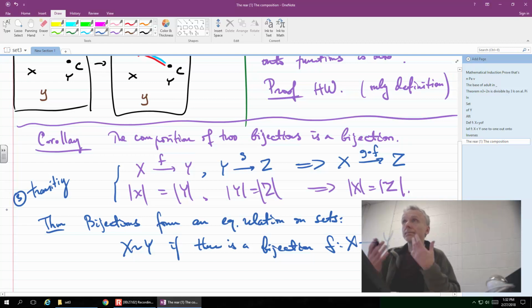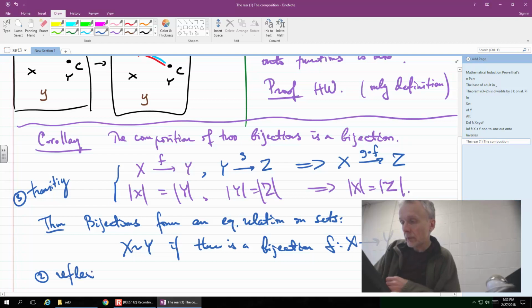What else do we need? Reflexivity. So can you prove it? Reflexivity.